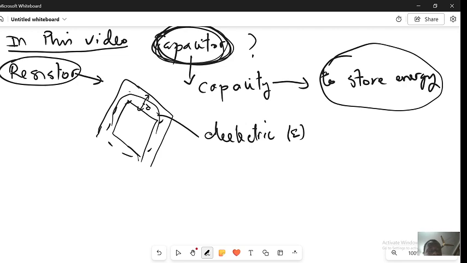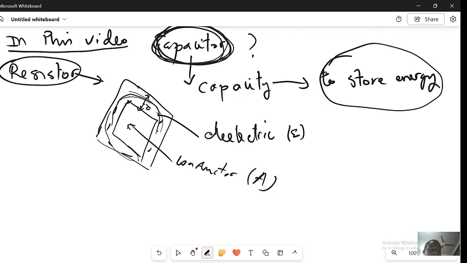These two conductors have area A, and they are separated by a distance d, filled by a dielectric material, so it forms a capacitor. This capacitor will store energy inside, electric energy.